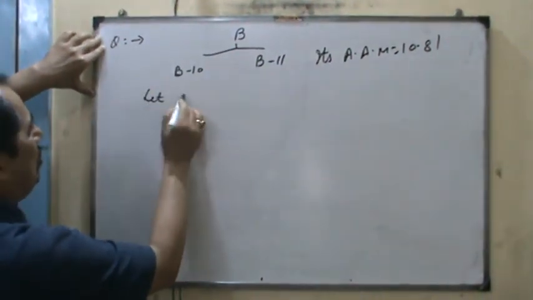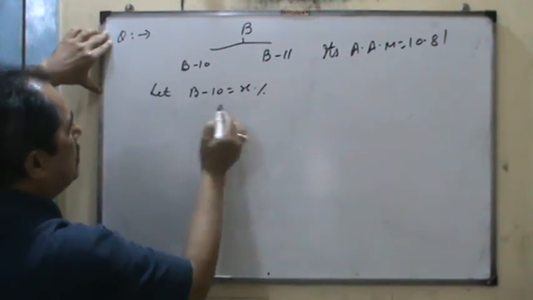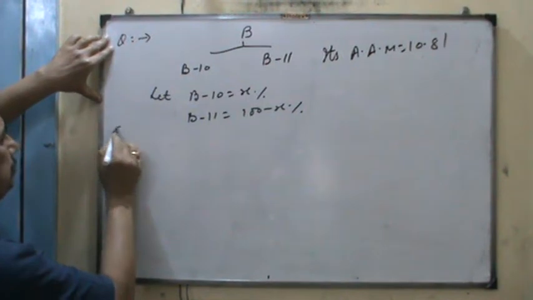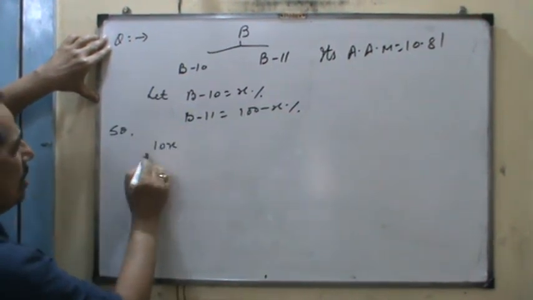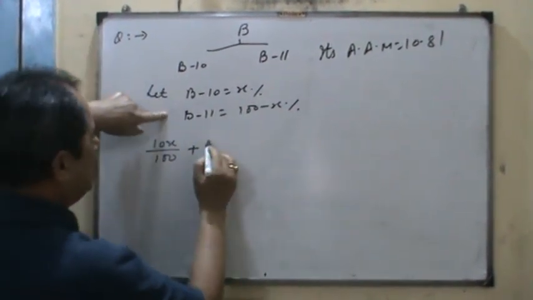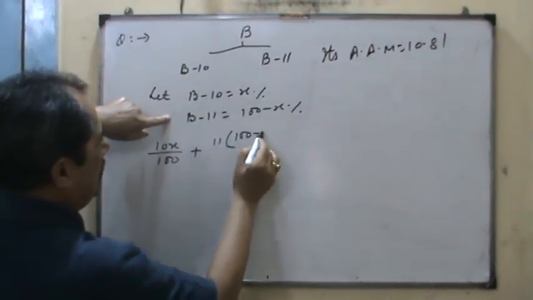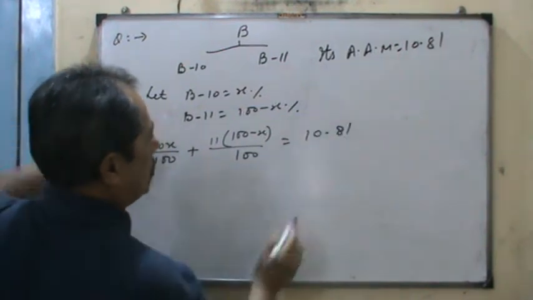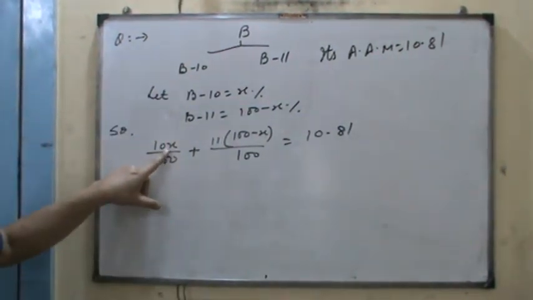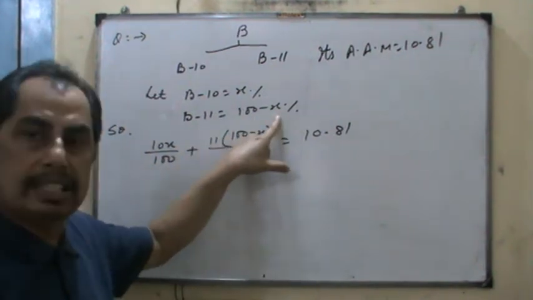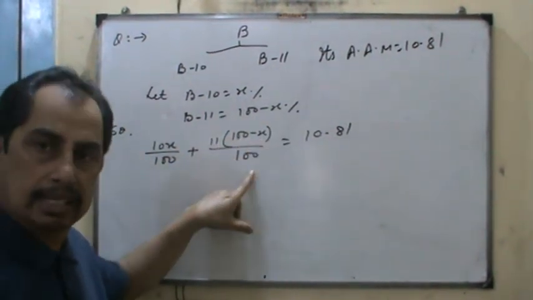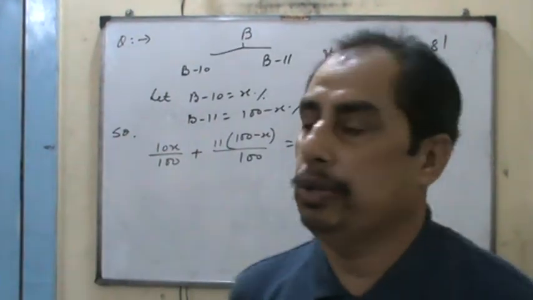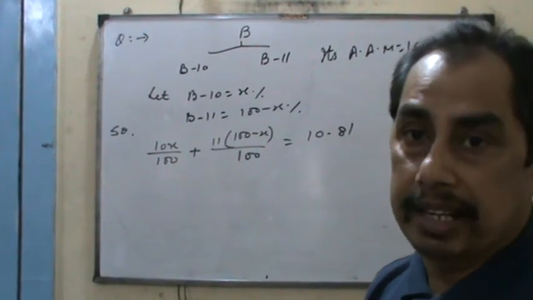So let boron 10 equal to x percent and boron 11 is equal to 100 minus x percent. So 10x upon 100 plus 11 into 100 minus x upon 100 is equal to 10.81. Boron 10 is the x percent, boron 11 is 100 minus x, so 11 to be multiplied by 100 minus x divided by 100 because you have taken in percentage, and average atomic mass is 10.81. You need to take the LCM, my dear students here.